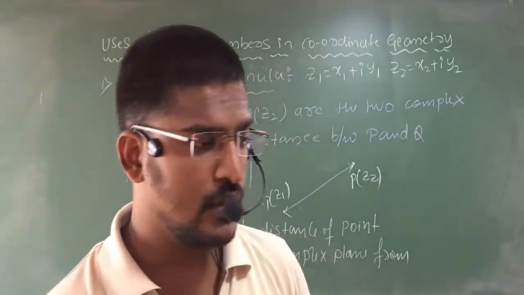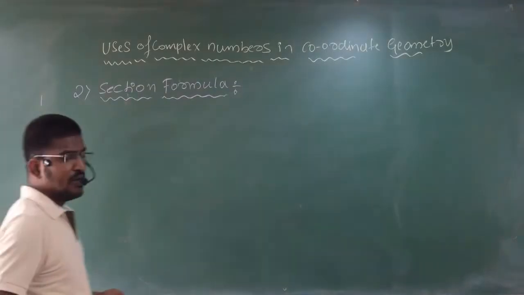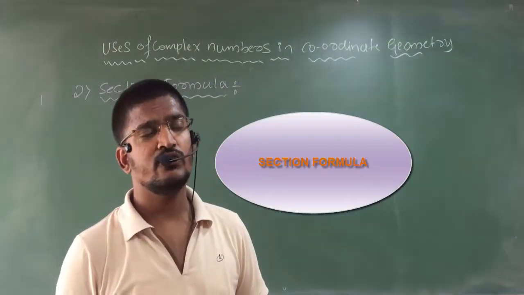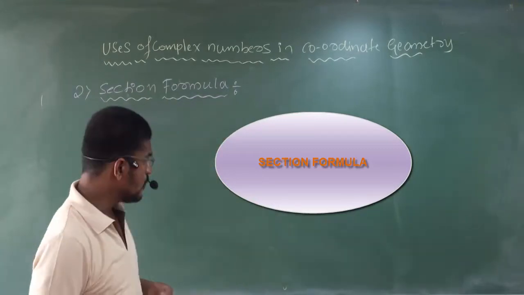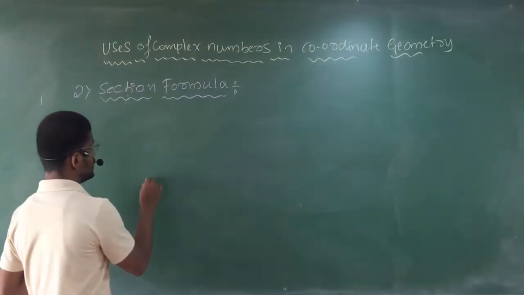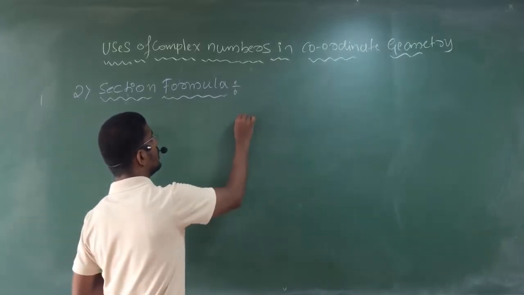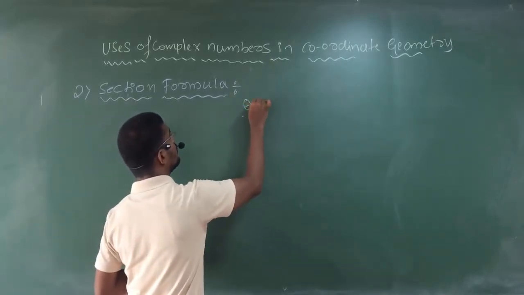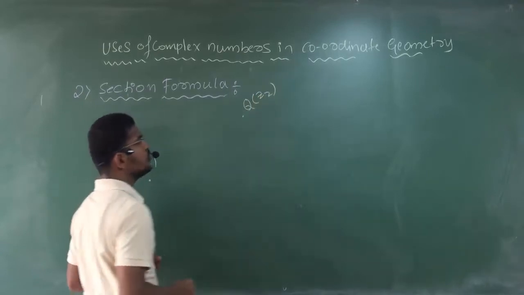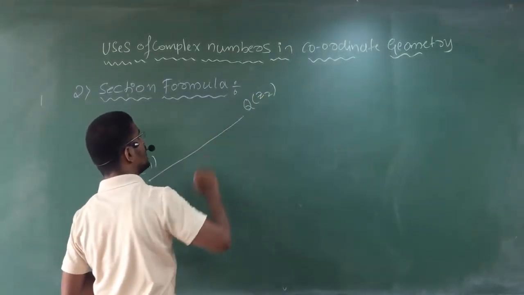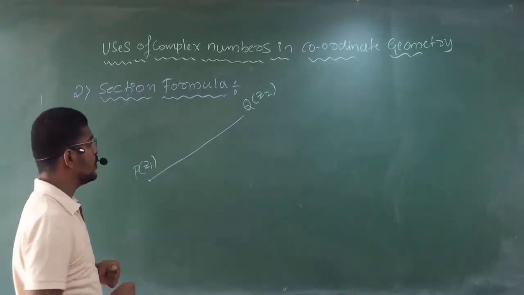Now let us move for the second one, that is section formula. So in the section formula, let P of Z1, Q of Z2 be the 2 points and this be the line joining PQ.